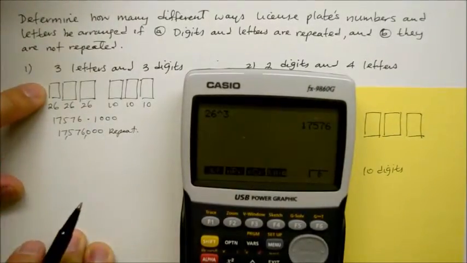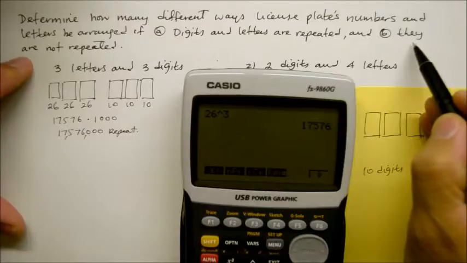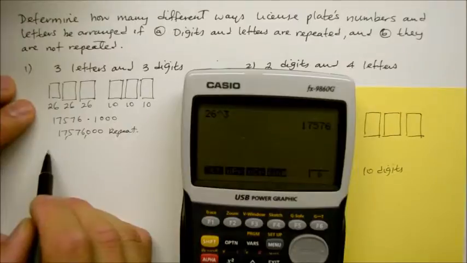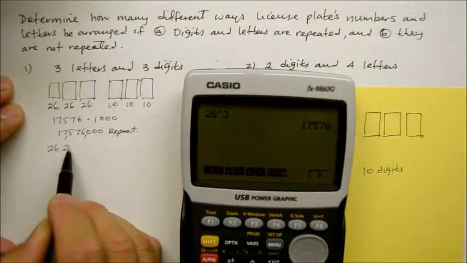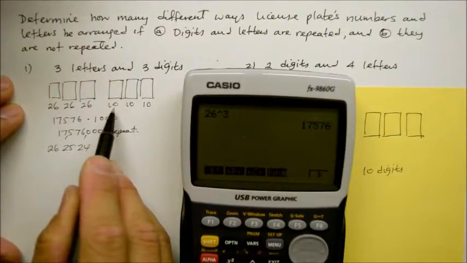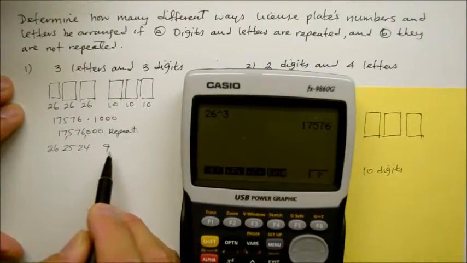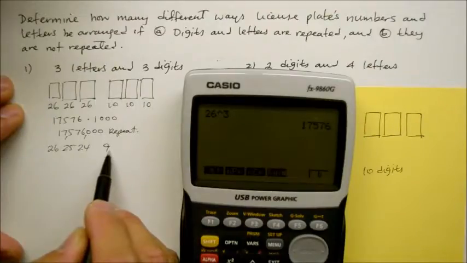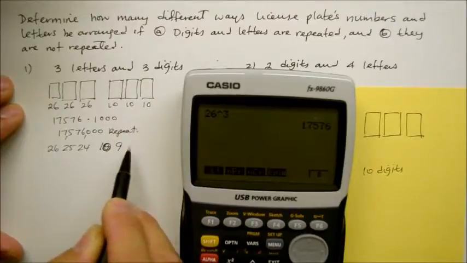Now, if we use a letter once, for example the letter A, we cannot use it again. Part B is saying, if they are not repeated, how many possible ways can we arrange this? The first choice is 26. Then if we took the first letter out, the next one has only 25 choices. And then 24. Same with the digits. If we use number 1, since we cannot use it anymore, there will be 9 digits available. Oops, 10 first, and then 9, and then 8.